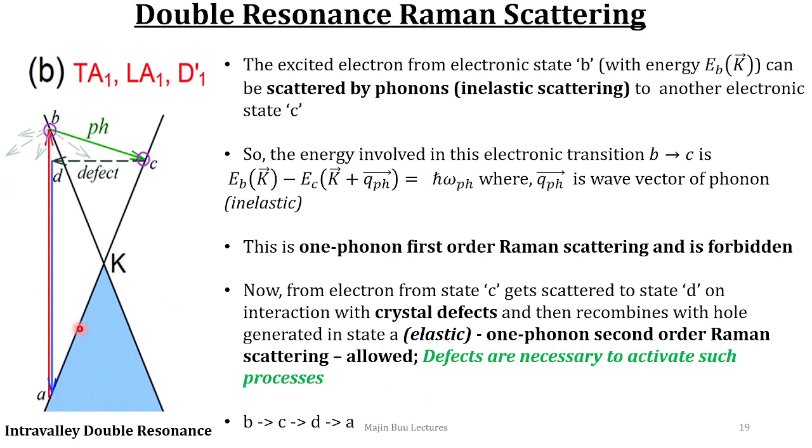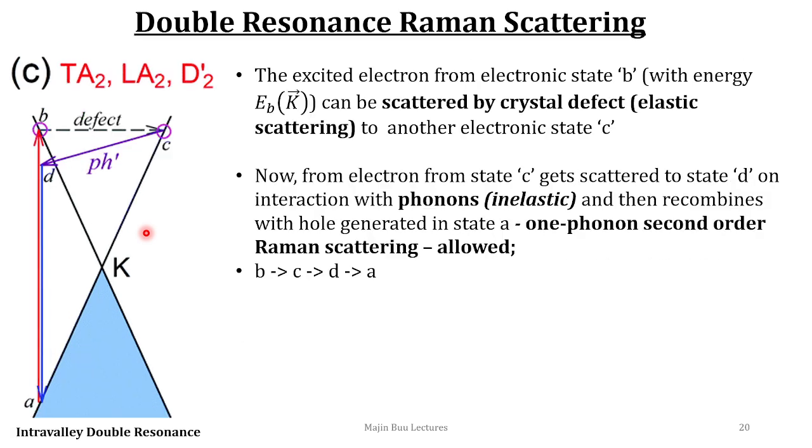While in this case the phonons first interacted with the excited electron, resulting in scattering, followed by interaction with the defect, it can also be the other way around, wherein the excited electron interacts with the defect present in the structure, followed by interaction with the phonon, resulting in again one phonon second order Raman scattering.